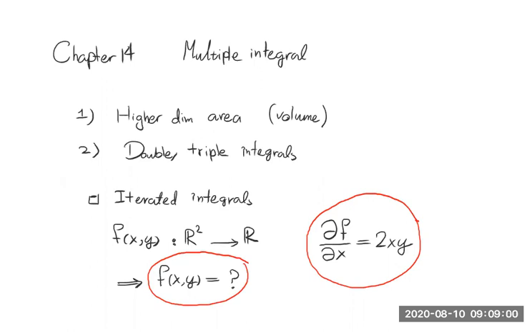We should understand with respect to which variable we want to take the integral. Since the derivative is taken with respect to x, we should take the integral with respect to x too.